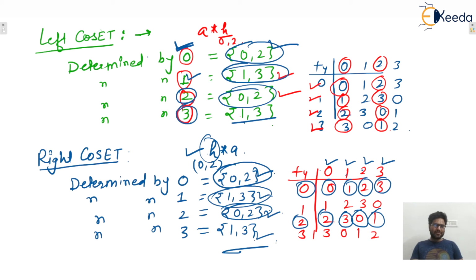So in the previous example, the particular subgroup is not only a subgroup, it is a normal subgroup as well. I hope this is clear to everyone. So that was the concept of normal subgroup.